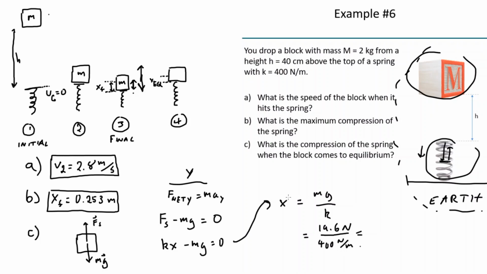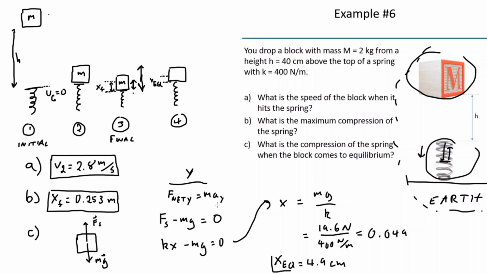So we put this into my calculator, and I get 0.049 meters, which I can write as 4.9 centimeters. So this is my equilibrium compression of the spring, x eq, equals 4.9 centimeters.